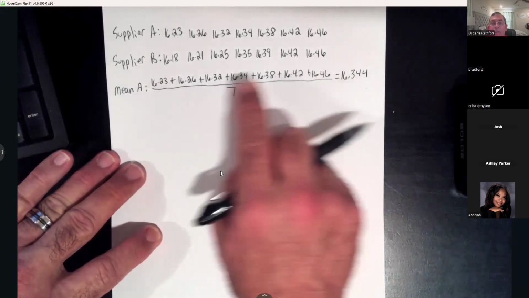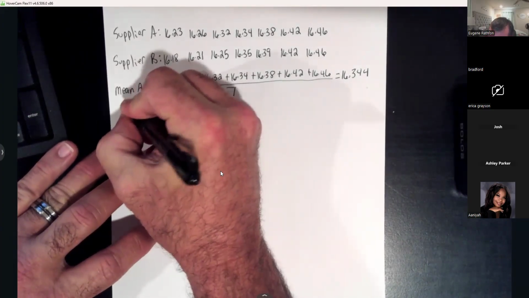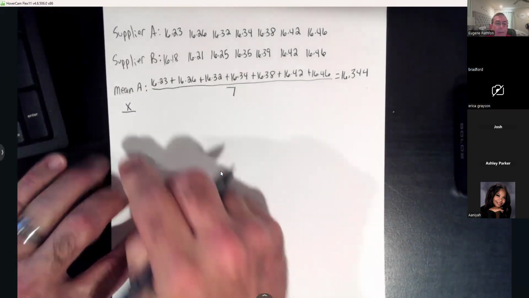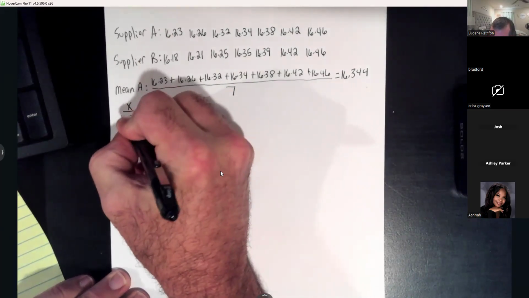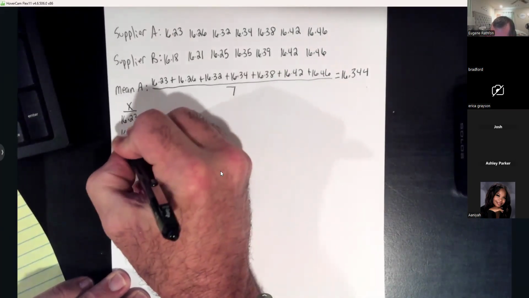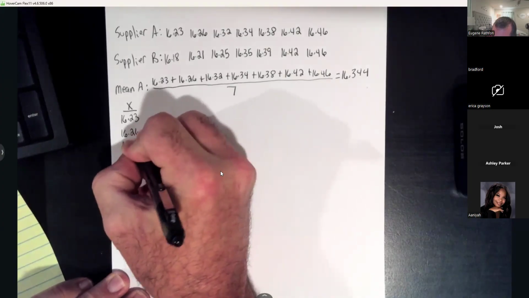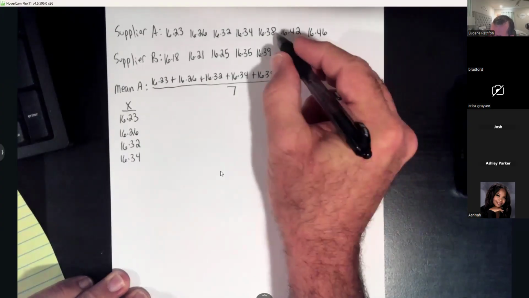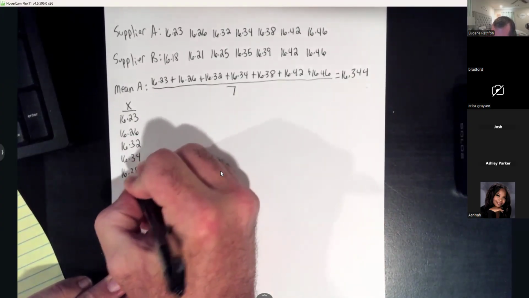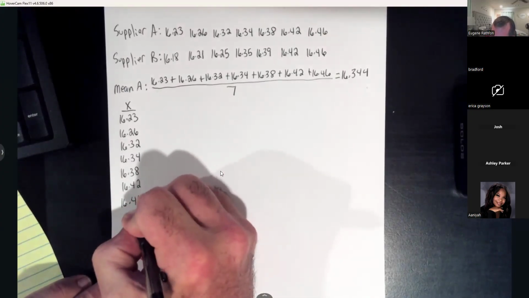Now, here's the fun part, standard deviation. For the standard deviation, I'm going to make my little chart like I showed y'all the other day. I'm going to put all my X's here: 16.23, 16.26, 16.32, 16.34, 16.38, 16.42, and then finally 16.46.